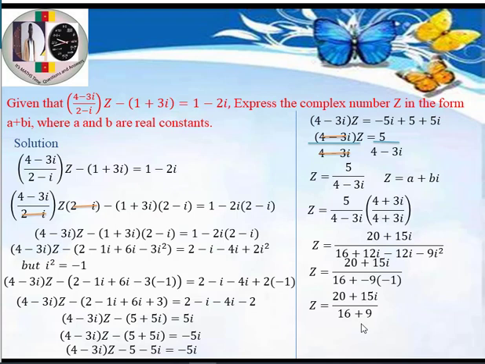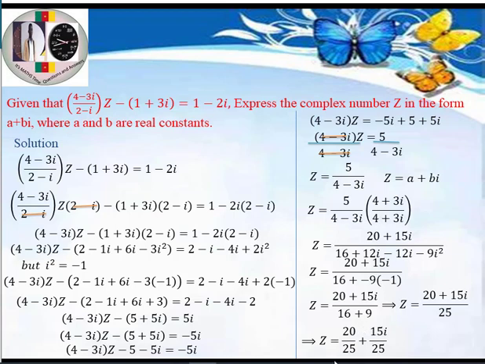and 16 plus 9 is nothing else but 25. So we are going to have z is equal to 20 plus 15i divided by 25. So to do this, we can divide both the real part and the imaginary part by 25 because the common denominator is 25. So we can have z equal to 20 on 25 plus 15i on 25.